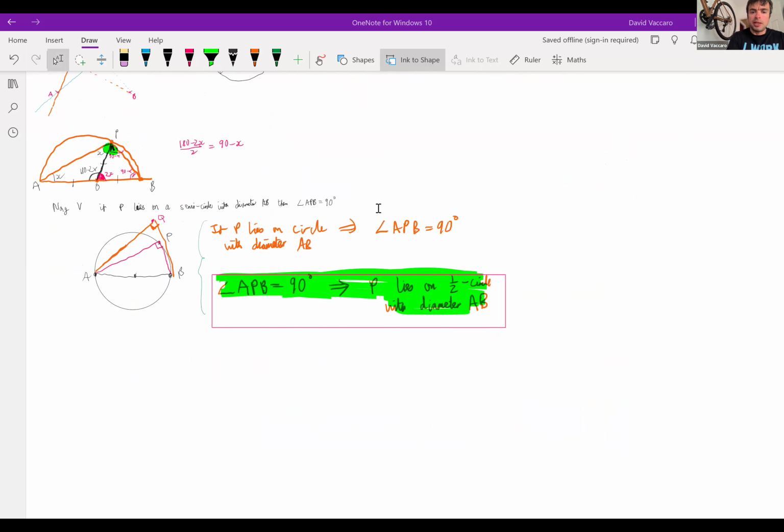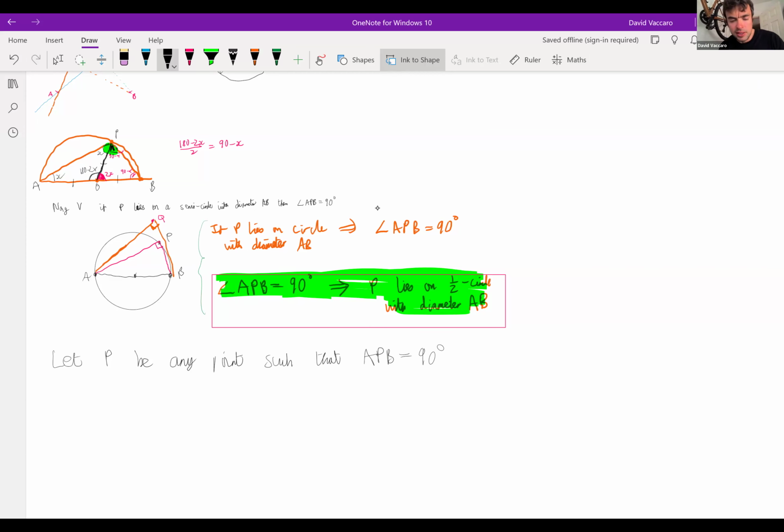So what I'm going to do is let P be any point such that APB is equal to 90 degrees.